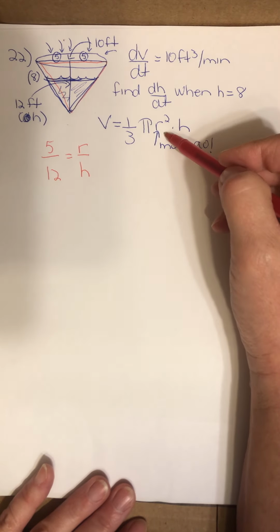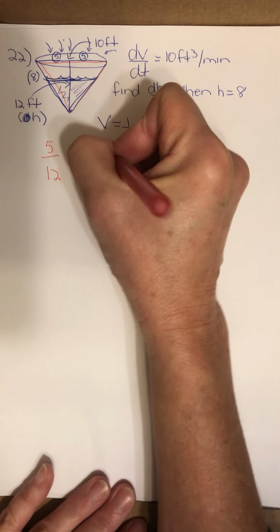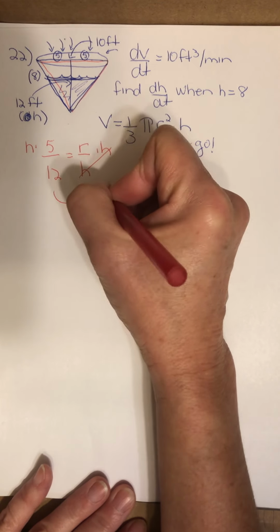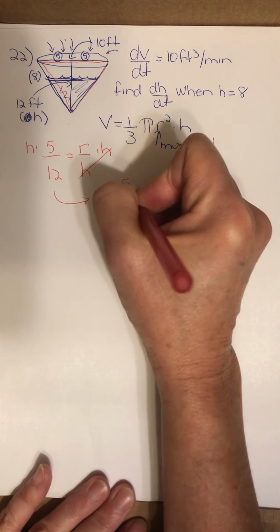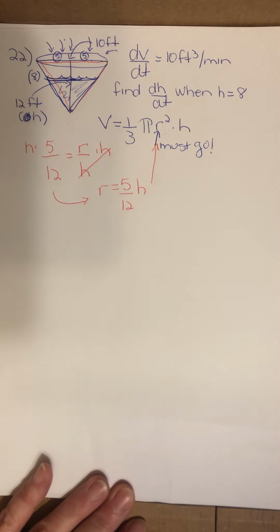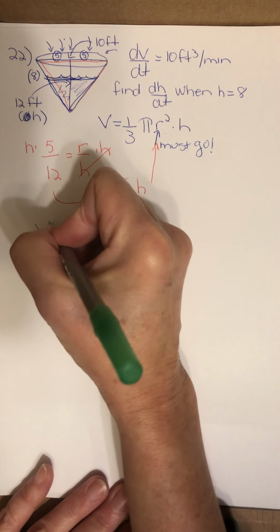Now we need to replace the r, so I'm going to multiply both sides by h. And that tells me that the radius is always 5/12 of the height. And we are going to substitute that in. And again, as we did in the last problems, fix up our volume formula.